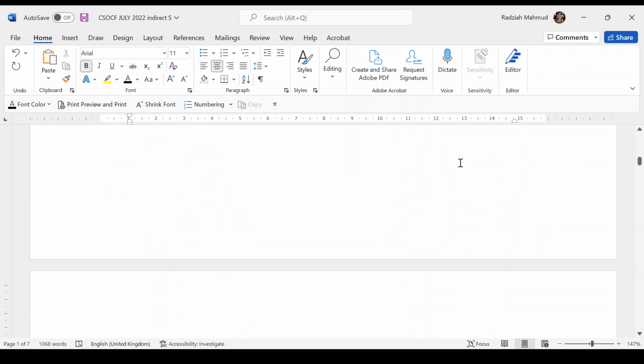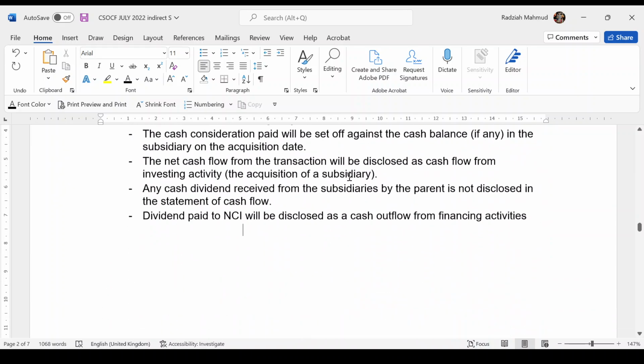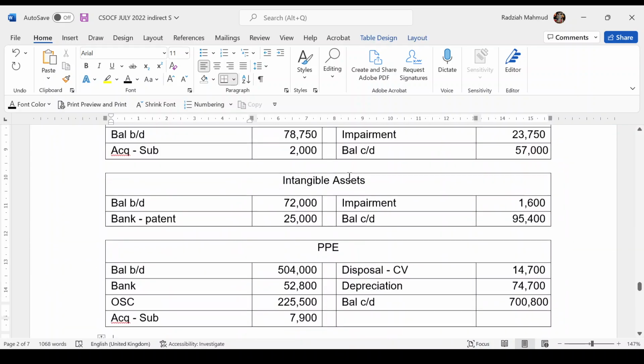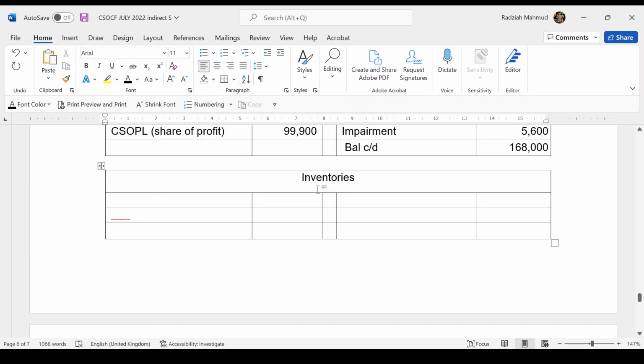For inventories, this is the opening, this is the closing. Remember we have acquisition of subsidiary during the year, so inventory will be increased by that amount first. Let's do the inventory account. This is our inventories account. We just put in the figure.